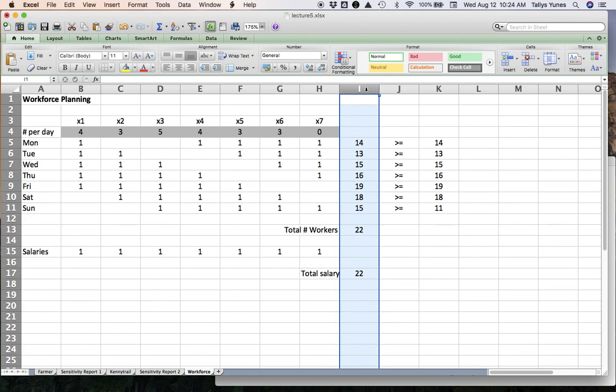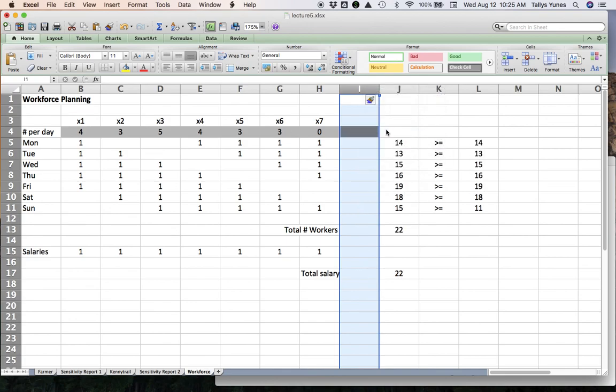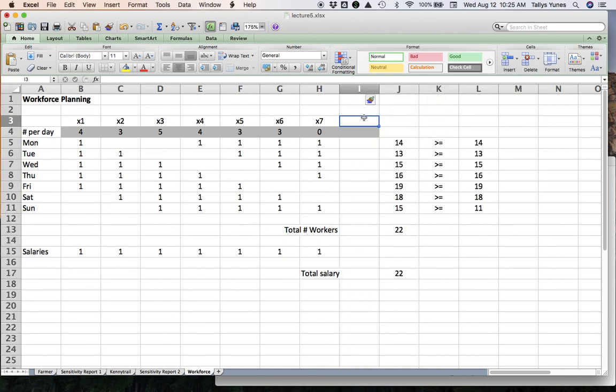Well, we could introduce a column here, right, to represent this new variable. And this could be this work week type 8. And just like we have the ones here where people are on duty and off duty, let's find out where this person 8 would be on duty.